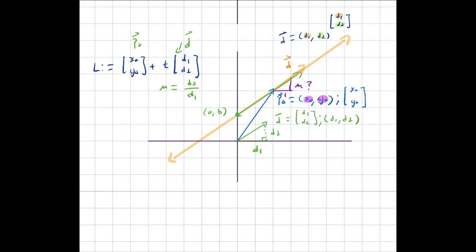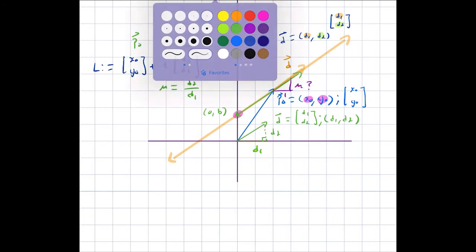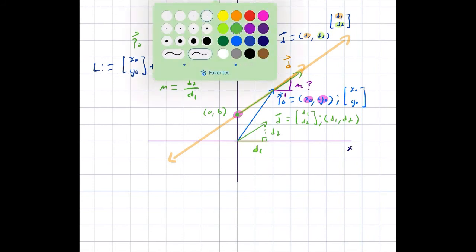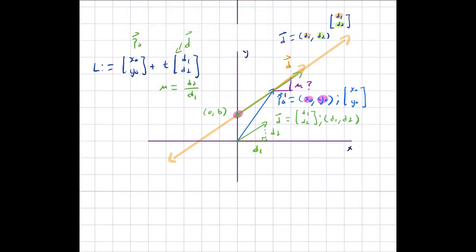And so the idea is I need to figure out what that t is that is going to get me there. How far in the d direction do I need to go, positive or negative multiple, in order to get to this y-intercept? And I probably should have, just to be circumspect, labeled this is the y-axis and that's the x-axis. So how do I do this? How do I figure this out?